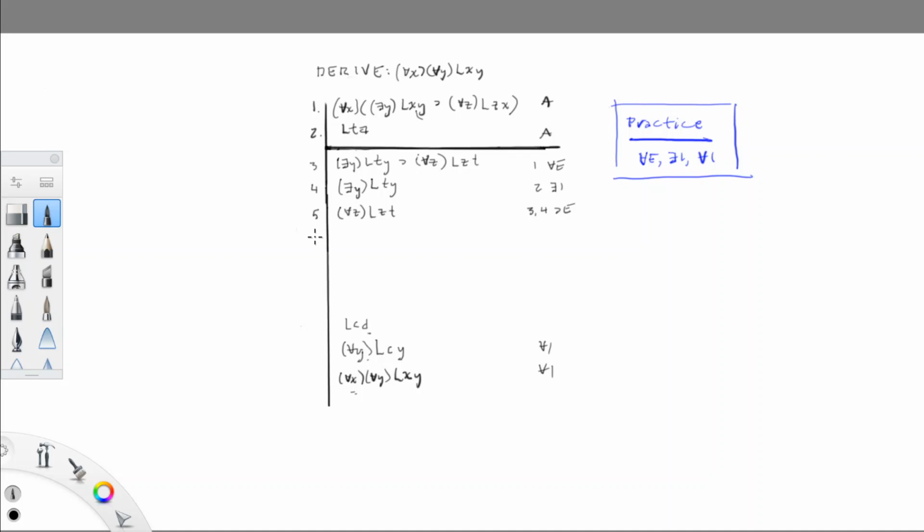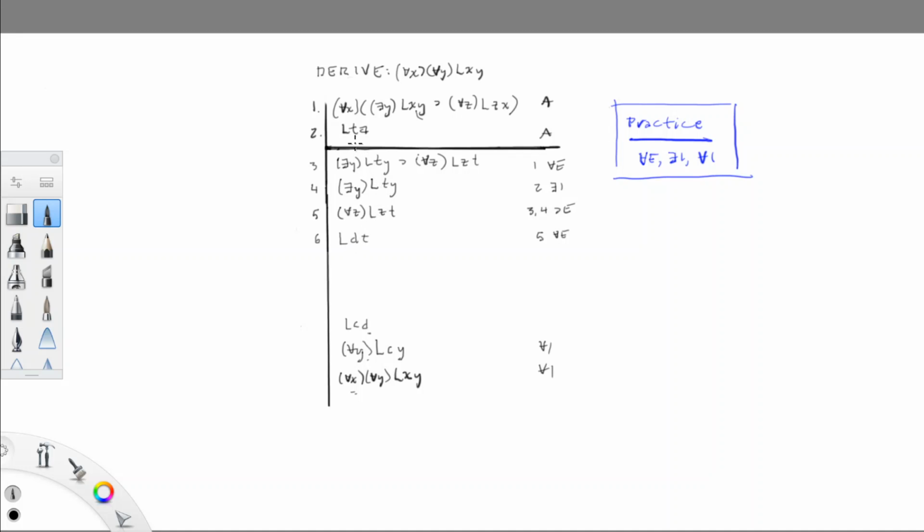So here are a few moves that we might make to help us get going. Look what happens if we instantiate line 5 to the name D. Line 5, universal elimination. Okay, we have the D now in the first position after the two-place predicate.